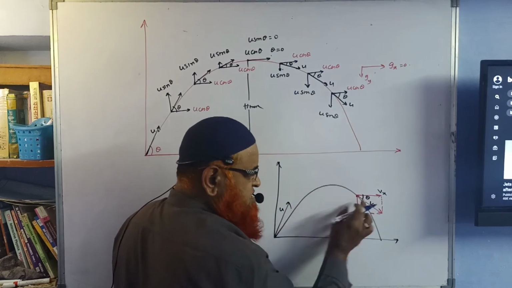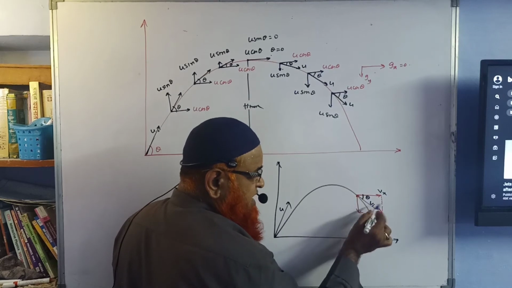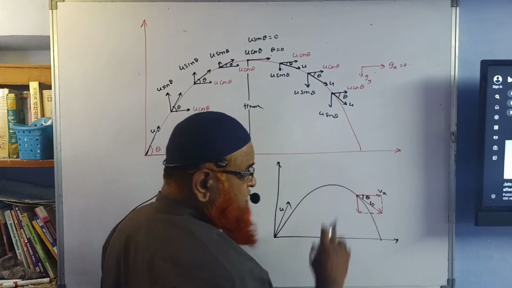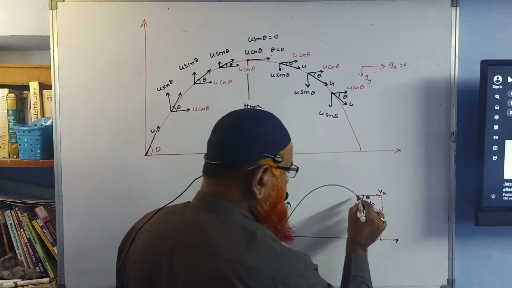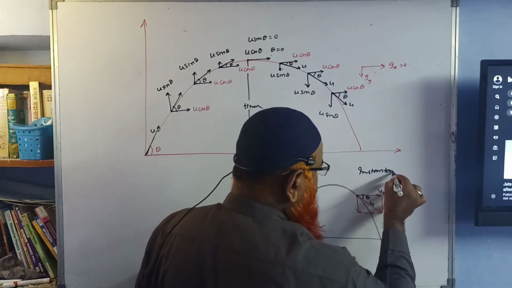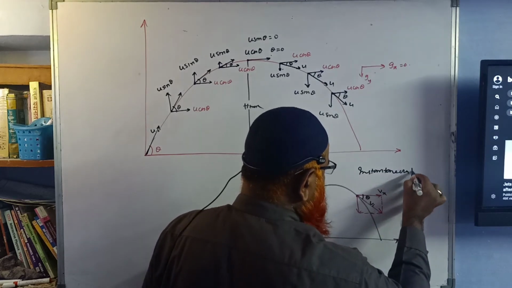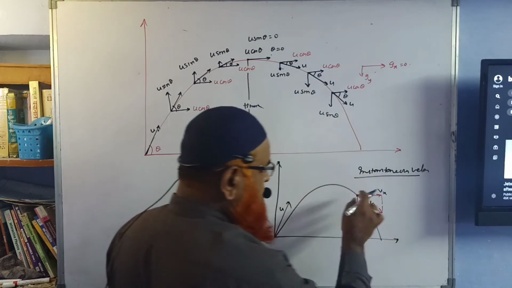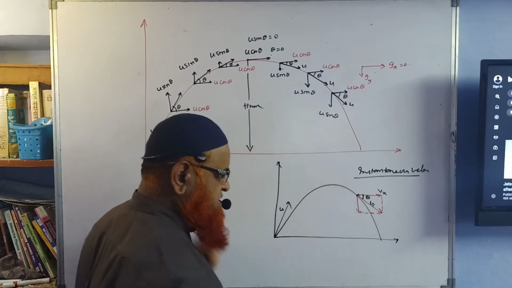During the path of the projectile, the instantaneous velocity at this place is the final velocity at that particular position.